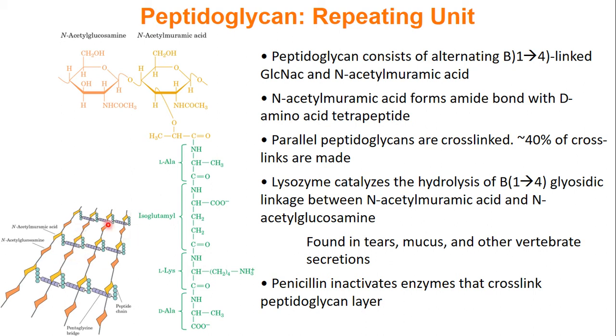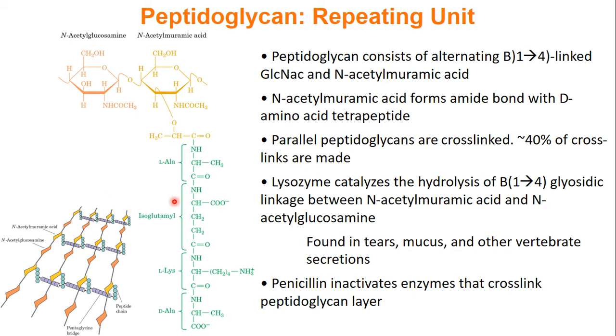And what you get is a net. So the peptidoglycan is really just a sugar and protein net. And these cross-linkings are completely random. 40% of the available cross-links are made, and you get holes of varying sizes.